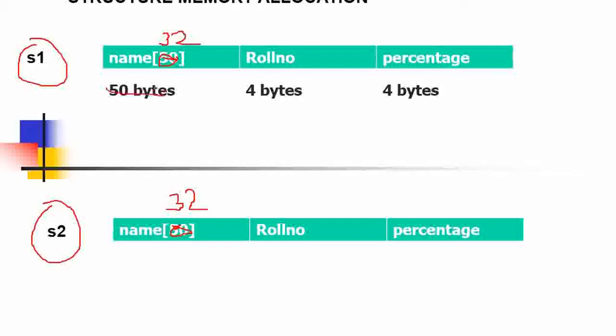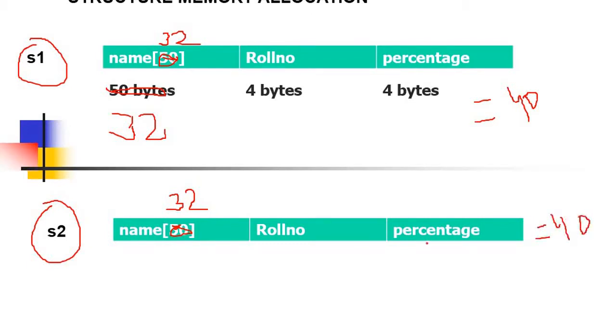This is also written wrong, this is 32 bytes. You know, one character takes 1 byte, so 32 characters will take 32 bytes. Integer is 4 bytes, and percentage is also 4 bytes, so 32 plus 4 plus 4 is equal to 40 bytes. 40 bytes are reserved for s1. Same for s2, 40 bytes will be reserved.